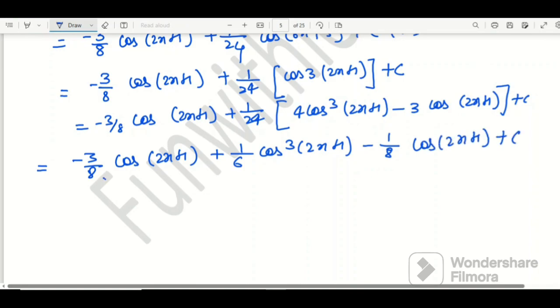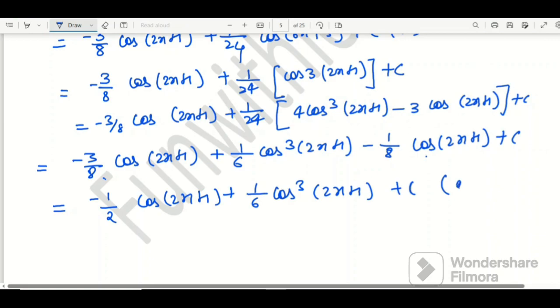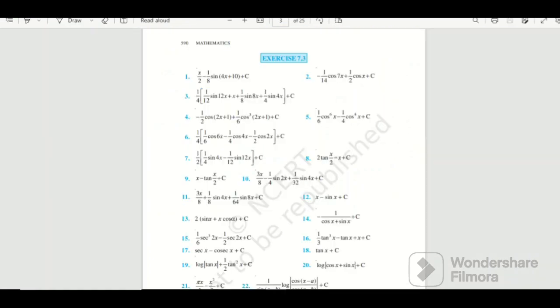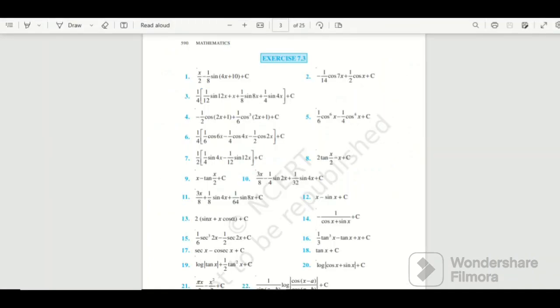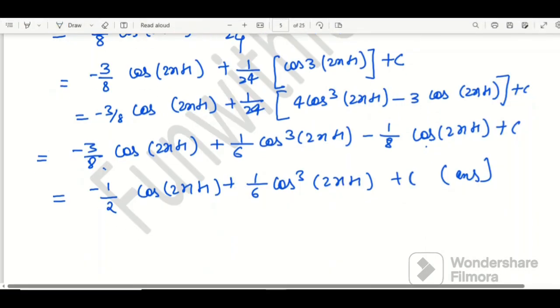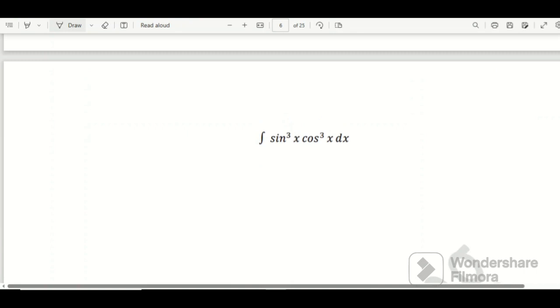Now if I add these two terms, it will be minus 4 upon 8, so we can write minus 1 upon 2 cos(2x plus 1) plus 1 upon 6 cos cube(2x plus 1) plus c. And this is also our answer, fourth number. Okay, so it is fine now. Now we have fifth number.